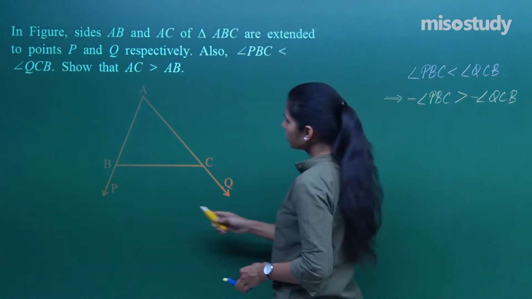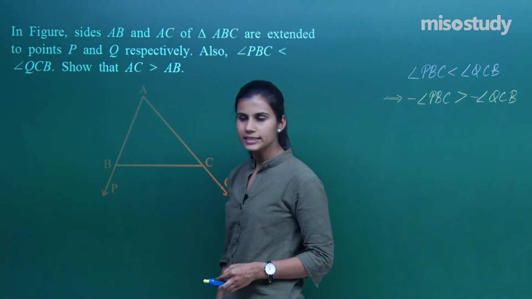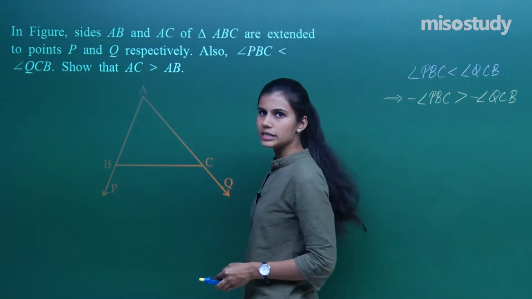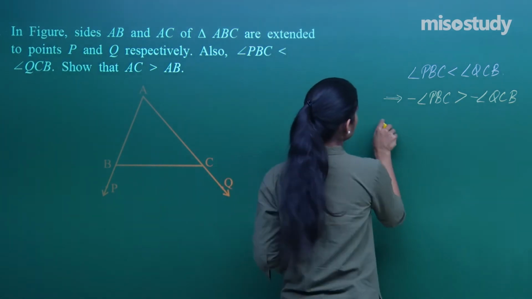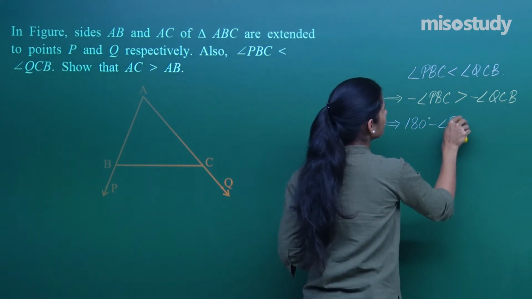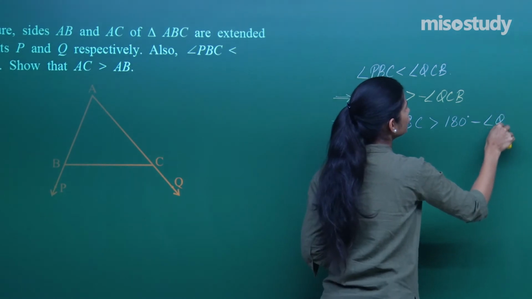The relationship between this exterior and this interior angle at B is that they add up to give you 180 because they are forming a linear pair of angles. Similarly, these two are forming a linear pair of angles. So what I do, if I add 180 to both sides, because it's a positive number, the inequality doesn't change.